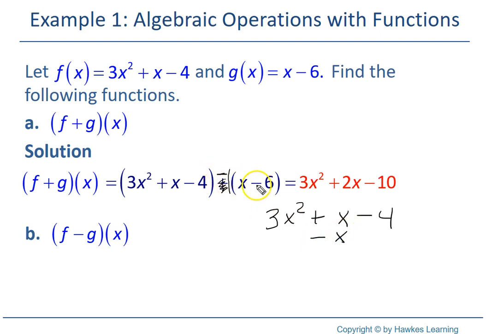A -1 times a -6 is a positive 6. And again, I like the idea of lining them up in vertical columns. So notice what happens here. These are going to cancel out. So you're going to get 3x squared. This cancels out, and you end up with plus 2.